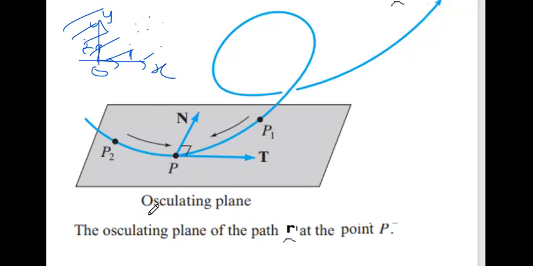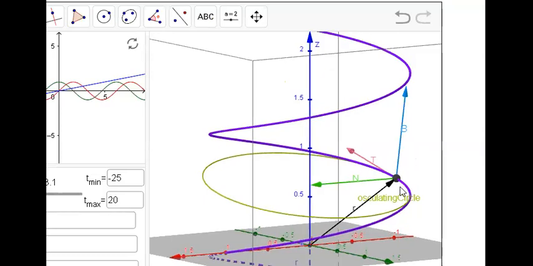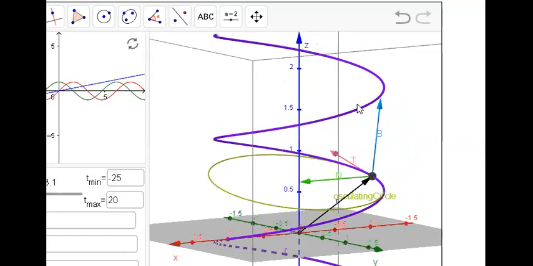It is called the osculating plane, or you can just say plane. According to the example I gave you, this is the plane of T and N. So they put osculating circle because this is our famous helix curve.